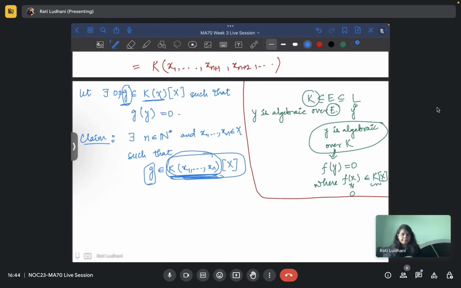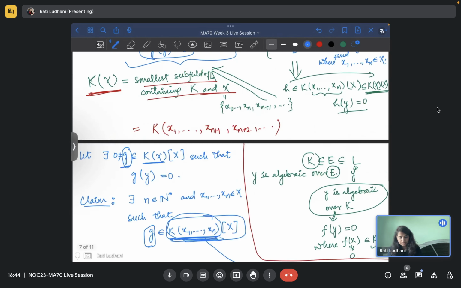How do they look, the term k(x1 to xn)? This is the field with elements, as I said, the smallest field containing k and χ.